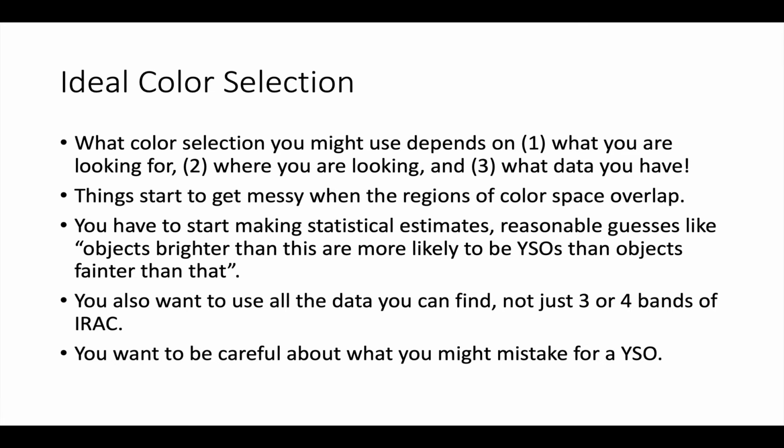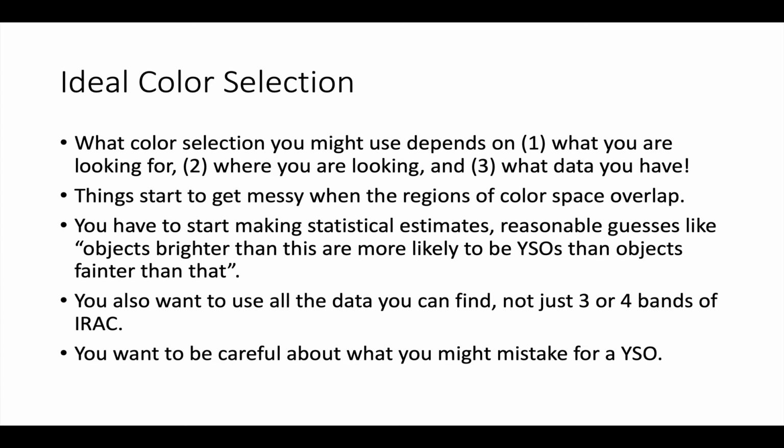So what color selection should you use? It depends on what data you have, where you're looking, and what you're looking for. If you're looking for debris disks but you don't have any IRAC data, you can't really use IRAC to look for disks. If you're looking for very young things like class 0s and you have lots of Herschel data, you want to use Herschel colors.